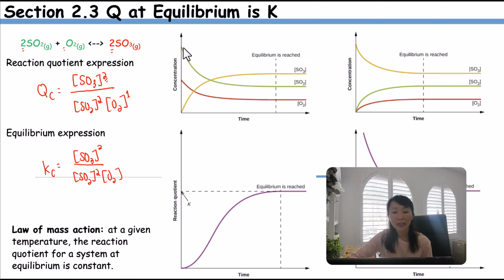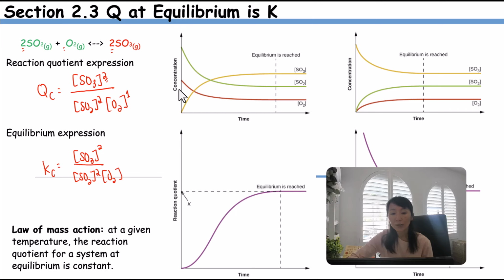If we're looking at the beginning of the reaction, say there is no product and there's plenty of reactant, as time passes, you'll see that it starts to diminish. The reactant starts to diminish as the product is being formed, and that makes sense.